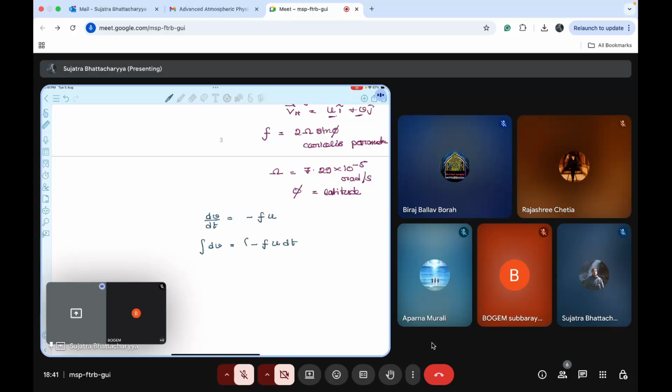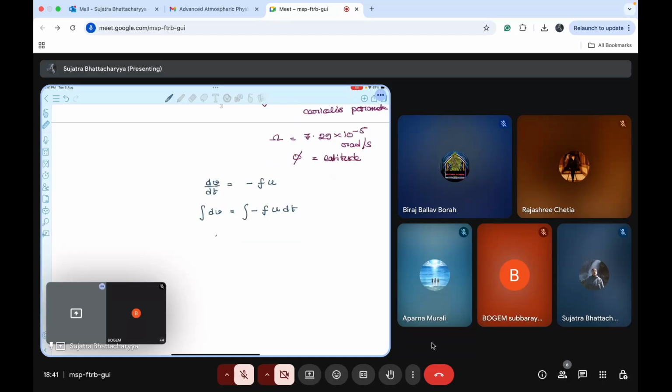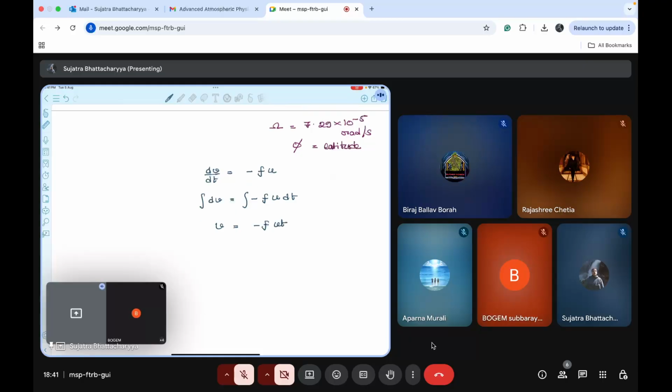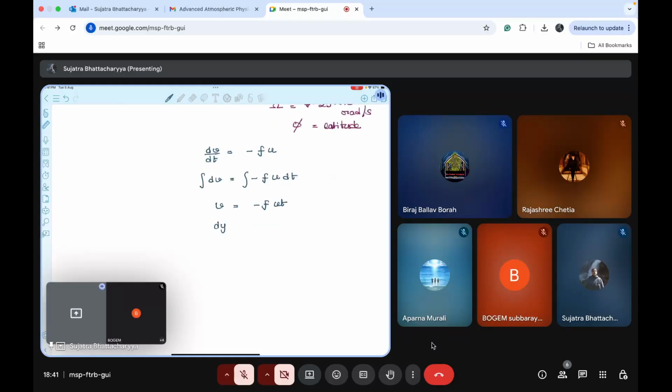You integrate it once, so you get v is equal to minus f u t. Again, dv/dt can be written as dy/dt equals minus f u t. So dy can be written as minus f u t dt.